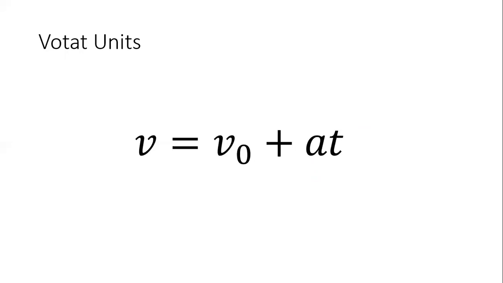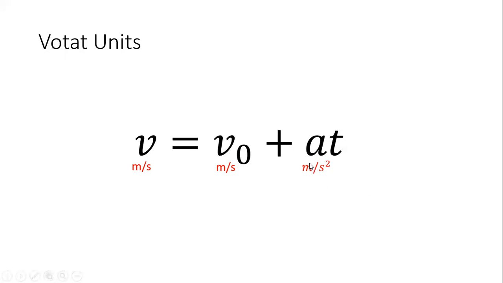So for example, for v, if the usual unit is meters per second, the other units should be consistent as well. For v naught, since it's also velocity, the unit should be meters per second as well. Velocity kasi siya. Plus the acceleration, the unit for acceleration is meters per second squared.